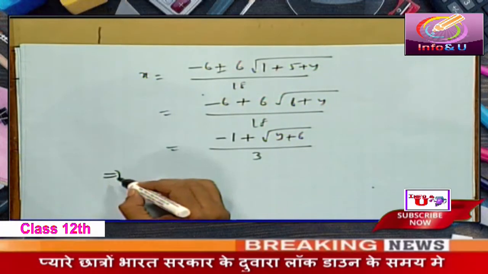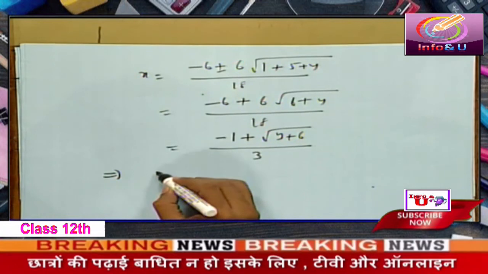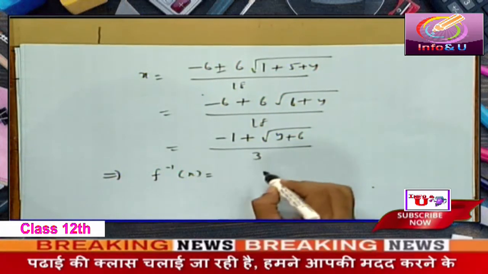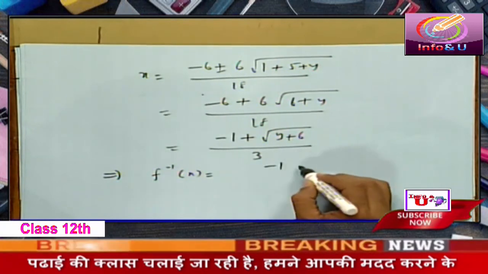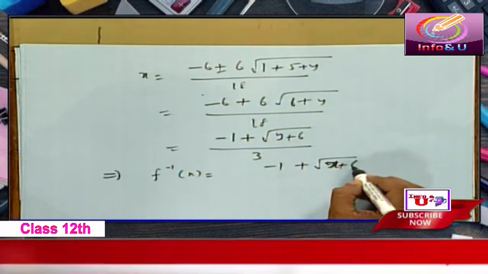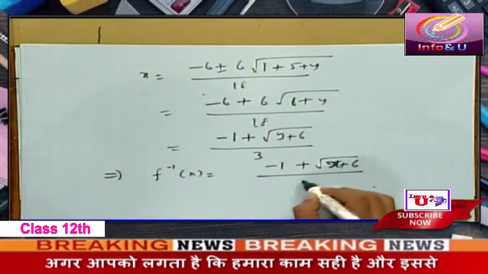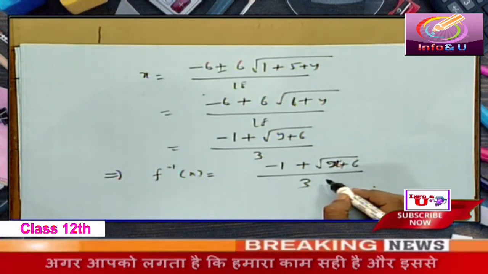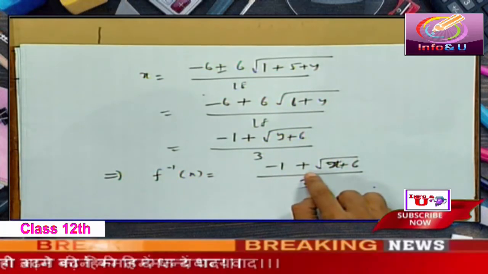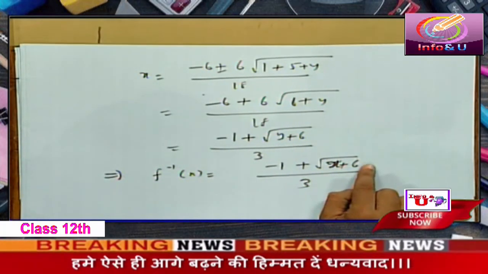This implies our f inverse of x is simply minus 1 plus root of (x plus 6), upon 3, as required.